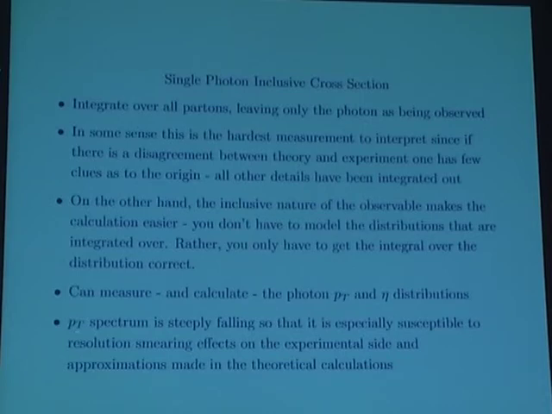The problem stems ultimately from the fact that the PT spectrum is very steeply falling, especially at the higher energies at lower PTs. So it's especially susceptible to any resolution smearing effects on the experimental side, and also to approximations that are made on the theoretical side.